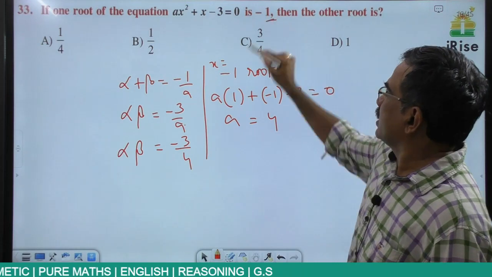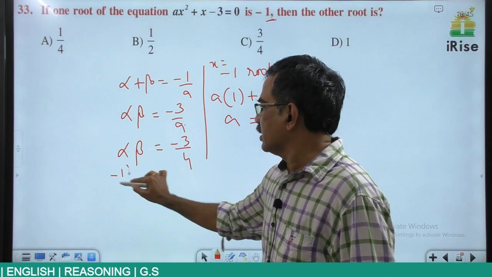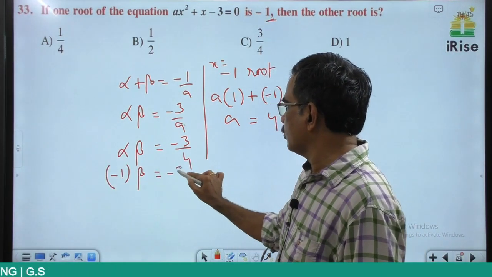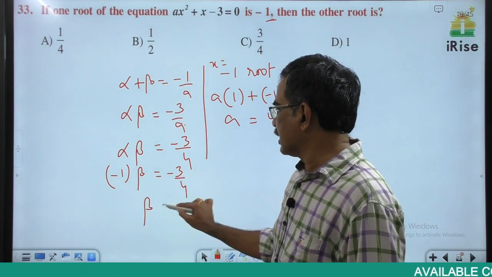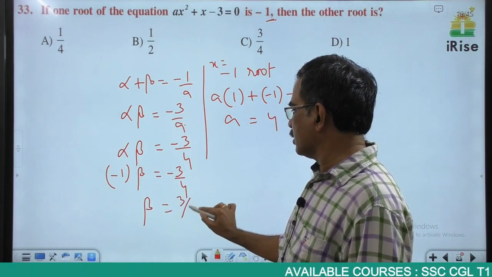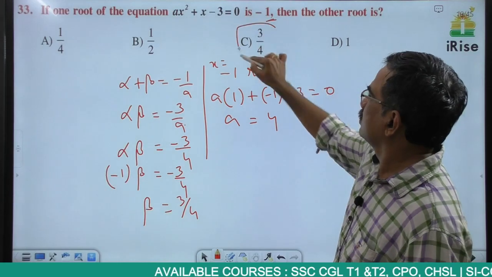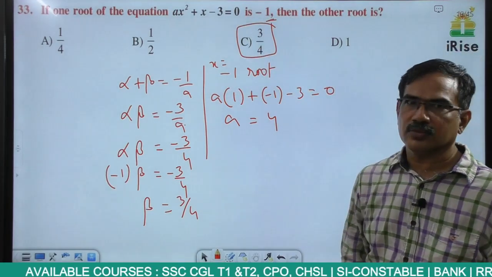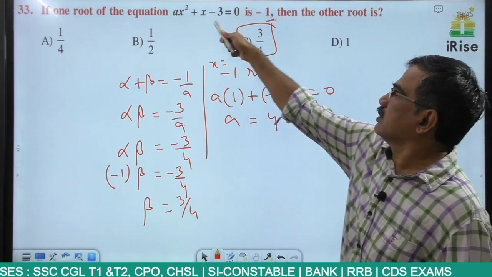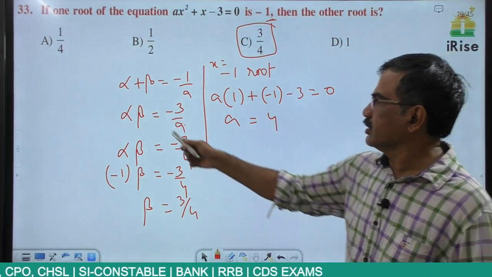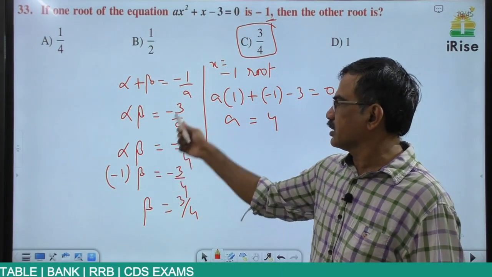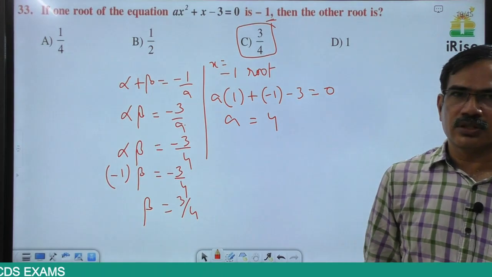And one root is minus 1, alpha is minus 1, minus 1 into beta is equal to minus 3 by 4. So the minus minus cancel, and we get 3 by 4 as the second root. Substitute, we get first a. After getting a, one root is minus 1, find the second root from this equation. Next question.